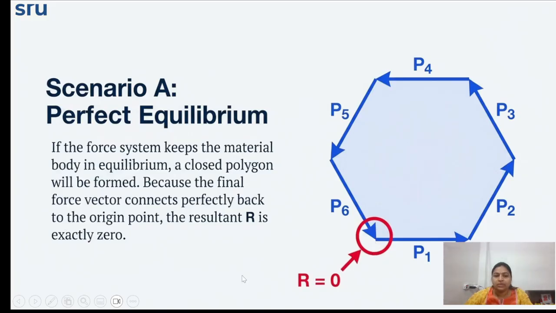So this was our starting point. Then P1, P2, P3, P4, P5, P6, and it ends here. That means it is completing the polygon. So in scenario A, the resultant R will be 0.